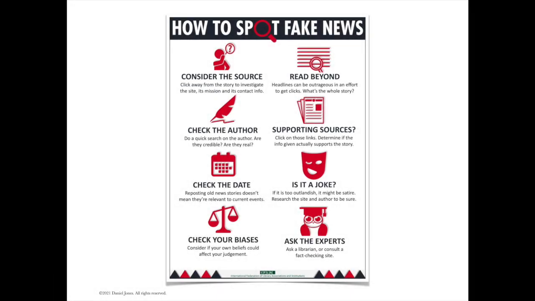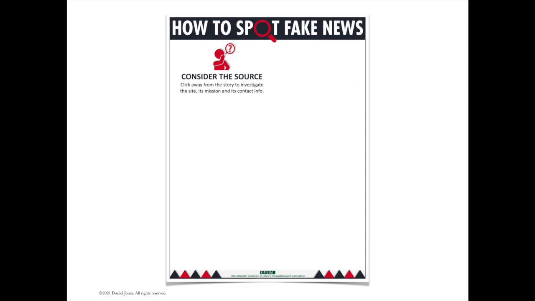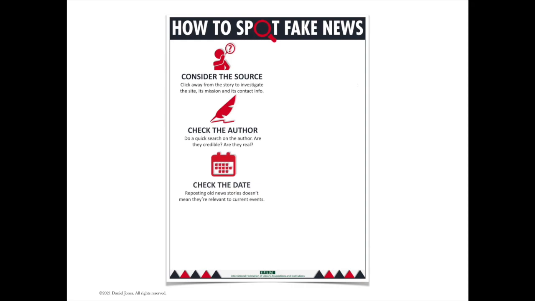Let's break down how we can spot fake news. First, consider the source of the article. Check the author. Check the date. Many stories get recycled. You might be reading an article that was from 5 years ago and is no longer accurate. Check your biases.